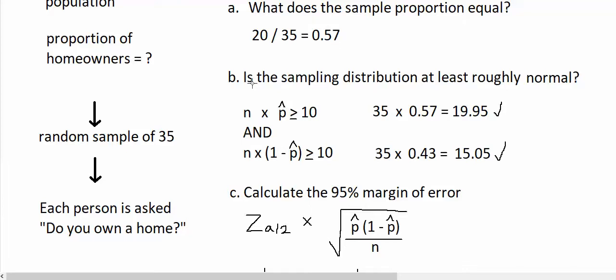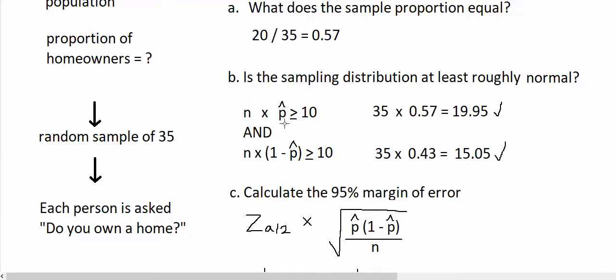Part B says, is the sampling distribution at least roughly normal? This is basically asking, can a margin of error be calculated? If you're calculating the sample proportion and you're calculating a margin of error to go along with it, this is the requirement that has to be met. The last time we calculated a margin of error for proportion, it was n times p and n times 1 minus p.